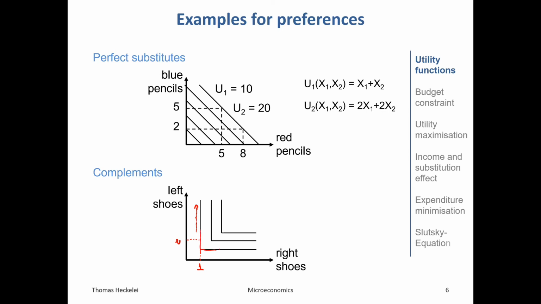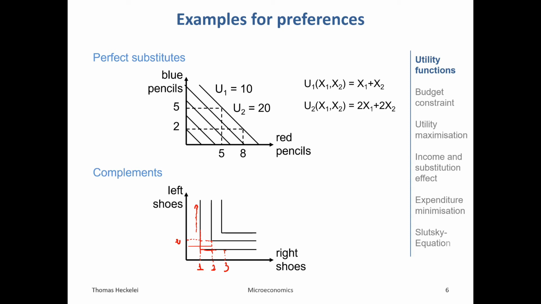You will not be able to move up to the next utility level unless you now have a second right shoe. So in this case, you will move to the next level of utility with two pairs of shoes. The other way works also for the right shoes. Let's say now you have three right shoes, but only two left shoes.